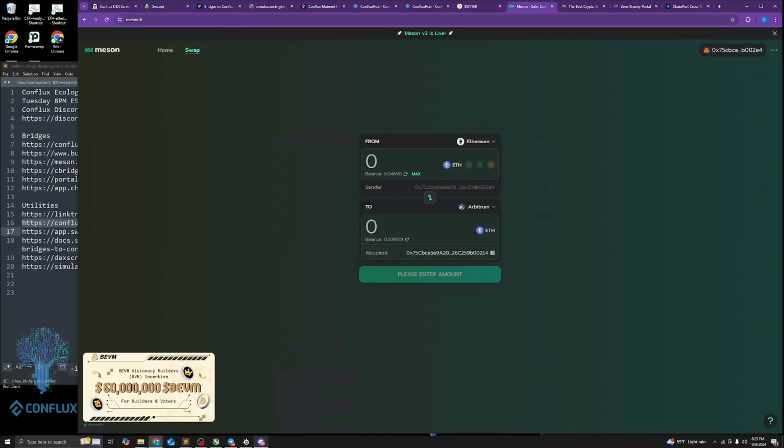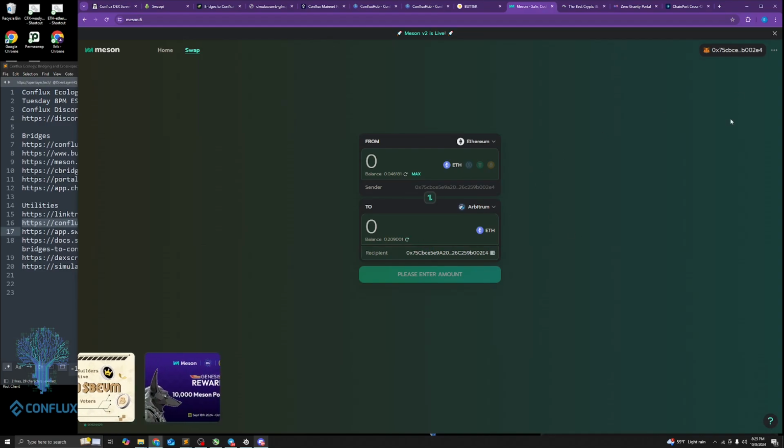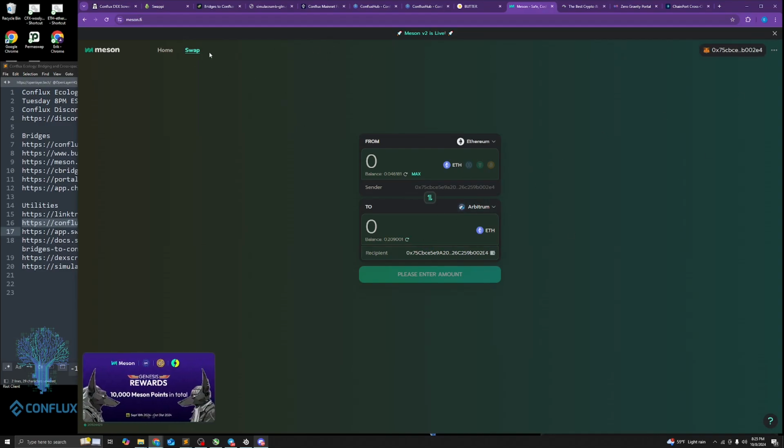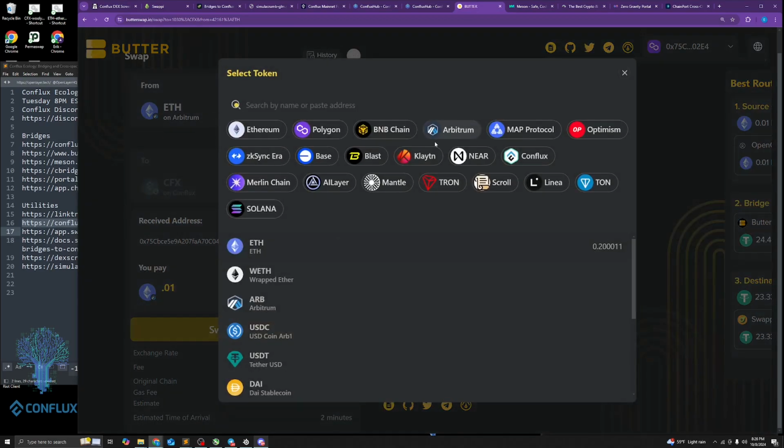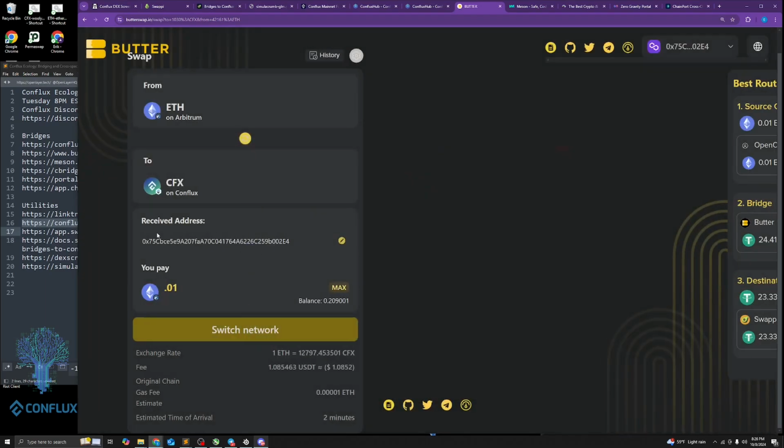So my ETH to Arbitrum finished. It said it finished. If I go back to Butter, this is where I want to be for this particular cross-chain swap, and I say Arbitrum ETH.